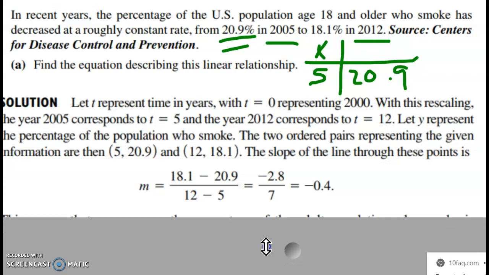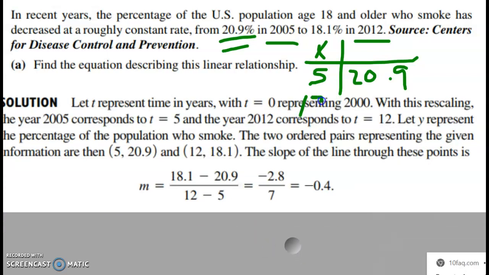Okay, here they already did it that way. 12 is 18.1%. So when there are two variables, I'm using X and Y because I'm used to X and Y. They use T, and P maybe for percentage. I don't know, but I'm just using X and Y.